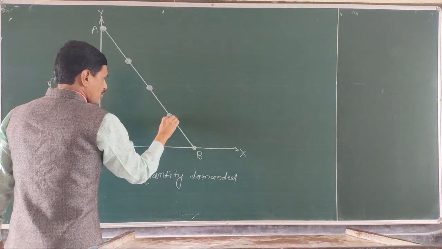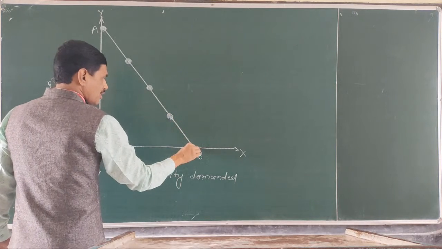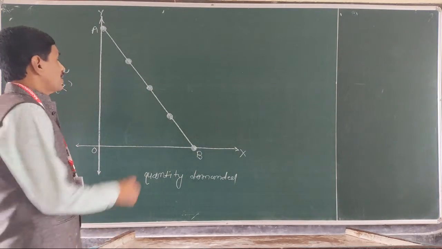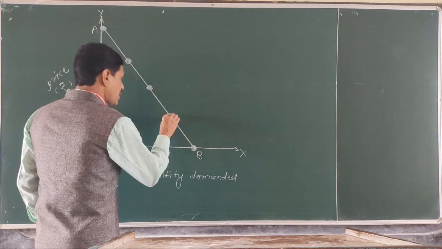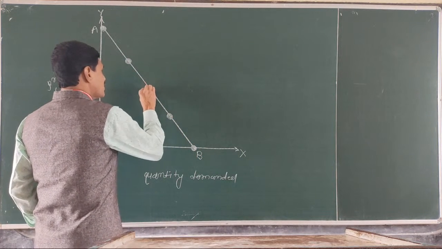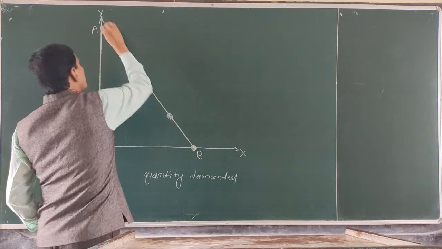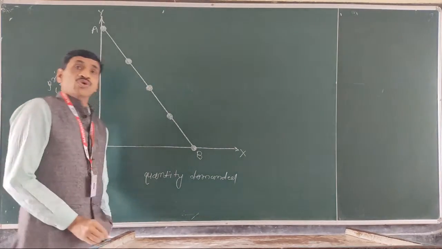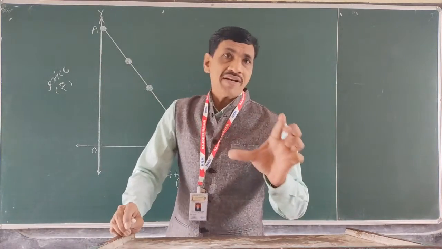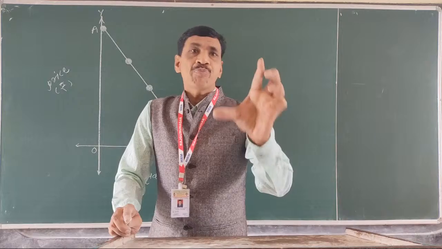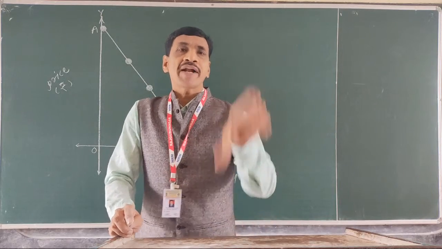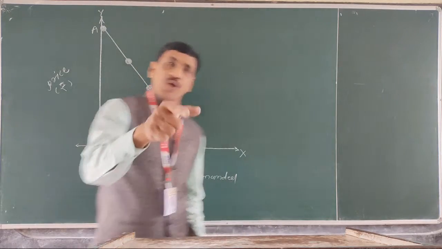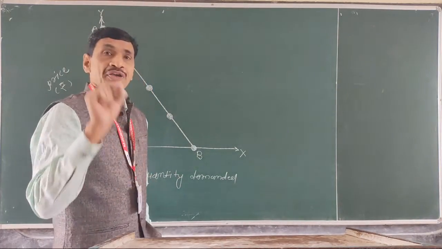You measure the elasticity of demand at each and every point on the linear demand curve with the help of a formula. Which formula? ED is equal to the lower segment on the demand curve below the given point divided by the upper segment on the demand curve above the given point. It means L upon U.